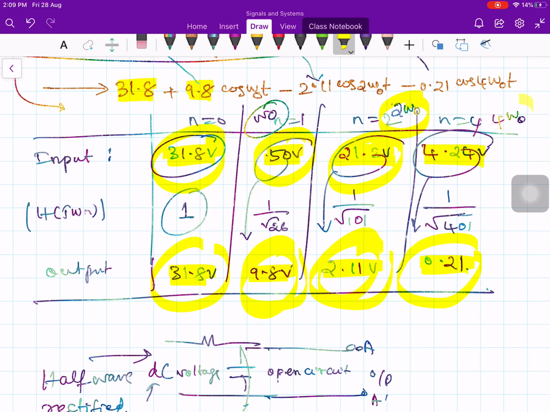When the frequency is 4 omega naught, that means 200 hertz, the input voltage is 4.24 volts, but the output is very small. That means the filter tries to remove the oscillations, the ripples. Whenever you find some variations, it is trying to remove them, and you will get as pure a DC as possible. That is why this 0.21 is very small.